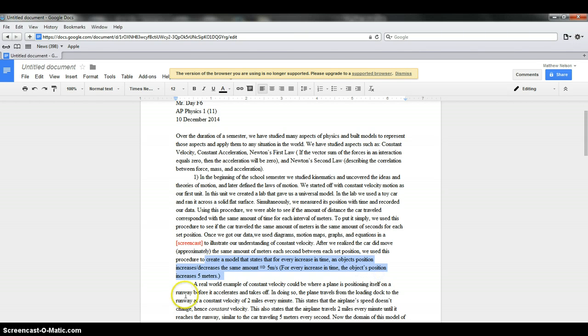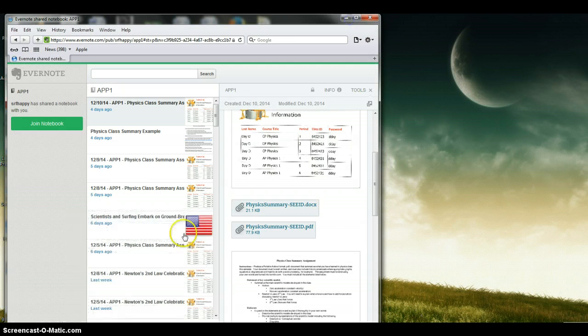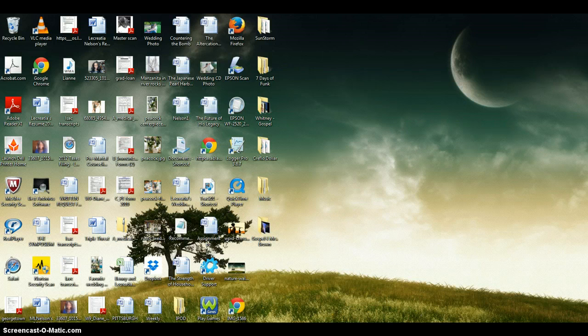And so this model is basically similar to our constant acceleration model. Constant acceleration says that for every second your velocity increases a specific amount. For 5 meters per second squared, for every second your velocity increases 5 meters per second.